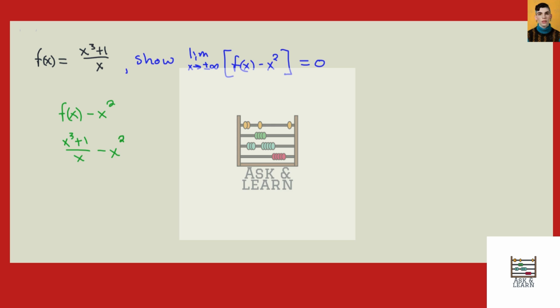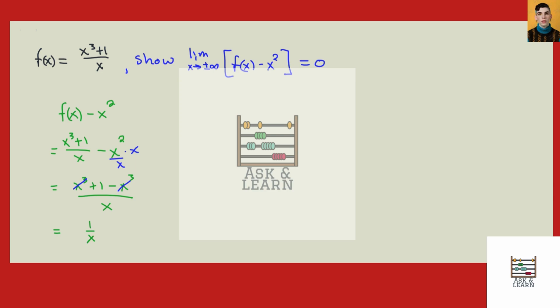We'd get a common denominator here by multiplying this by x. That would give us x cubed. Then we'd have x cubed plus 1 minus x cubed all over x. The x cubes cancel here, and then we're left with 1 over x.